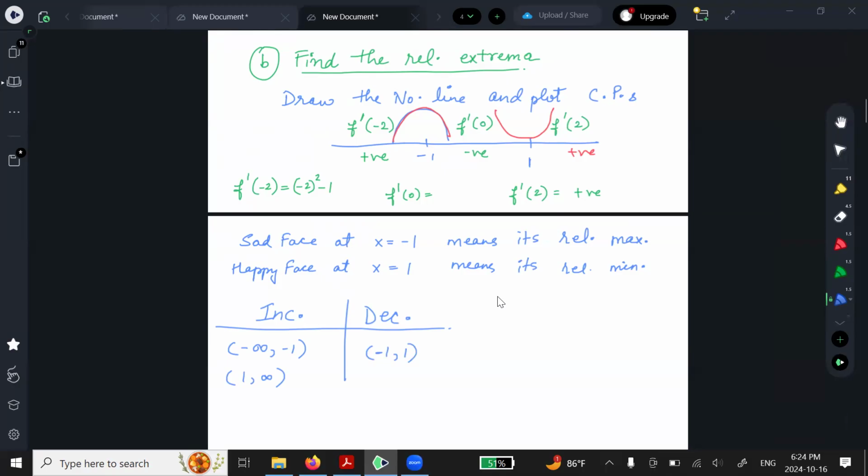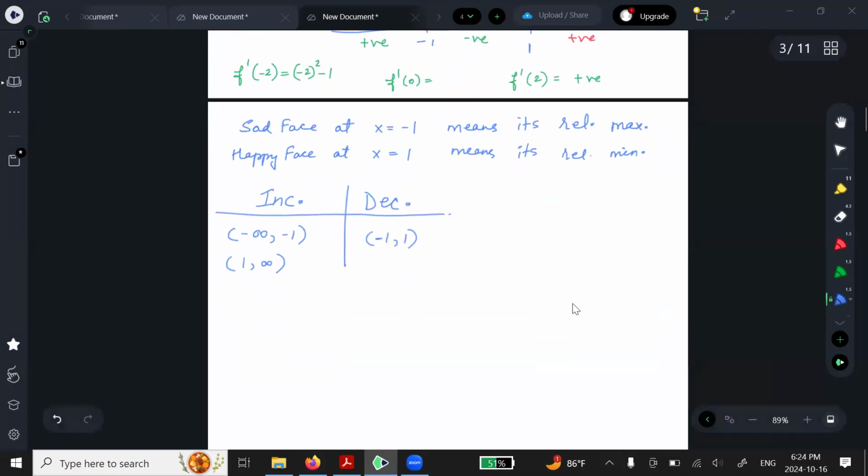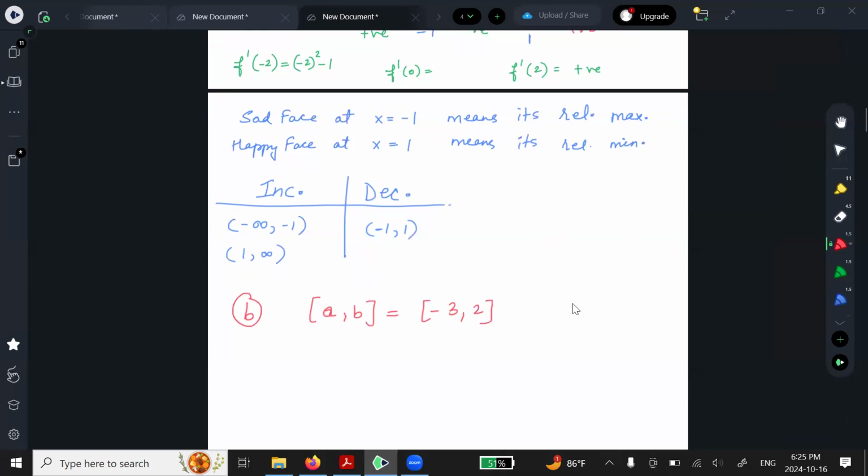And now the part B of question number 7 is finding the absolute extrema. Now this is where you want to pay attention, right? So now they've given you endpoints. They have given you some interval, -3 and 2. To find absolute extrema, see, that's the difference.